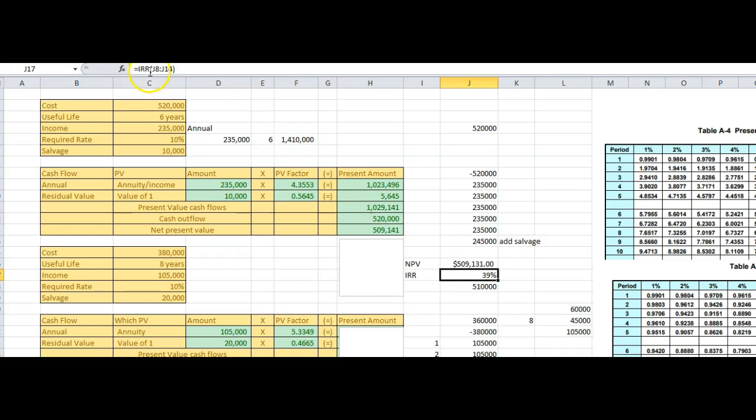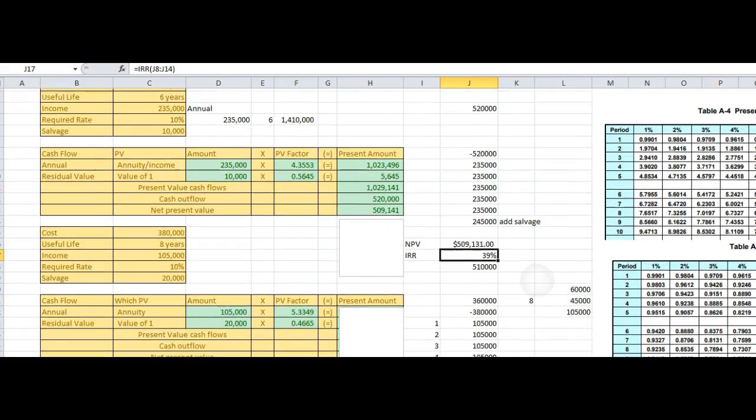So if I type in equal IRR and select J8, select the returns each year, it will come up with an internal rate of return of 39%. That would then be compared to what the realistic or the wanted rate of return was. Okay, so that's how you would do an even return on this.